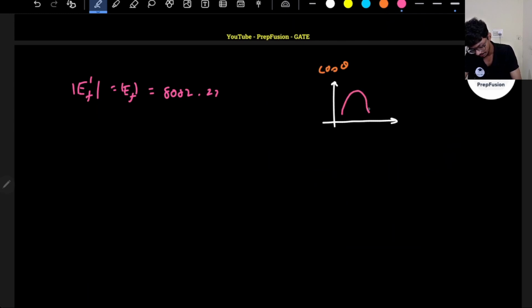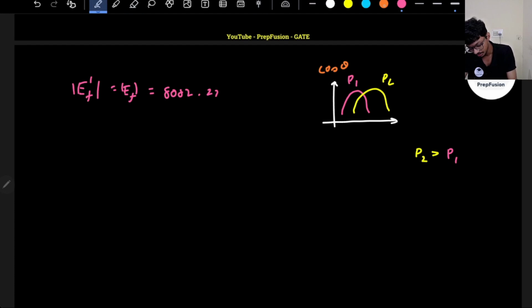If the power is increased, this is my P1, this is my P2, then the graph shifts to the right hand side.